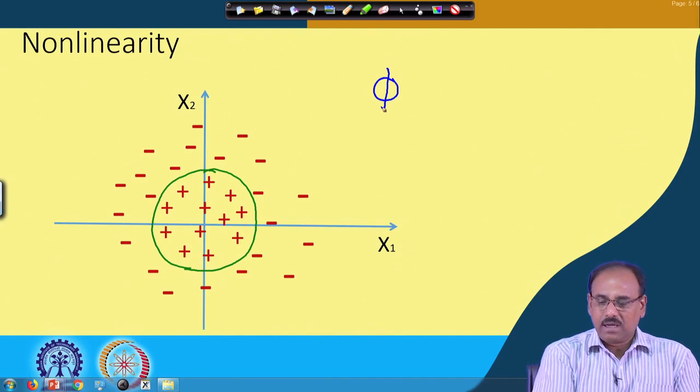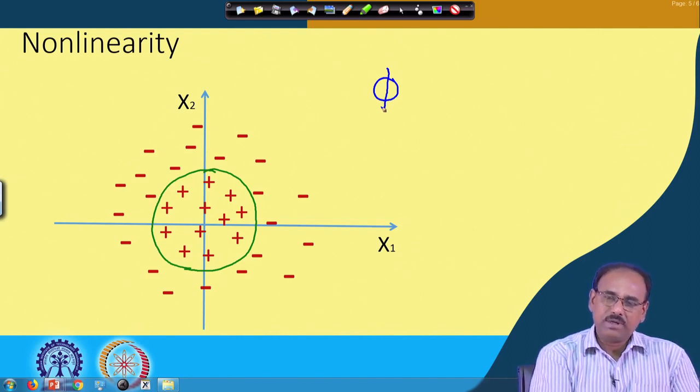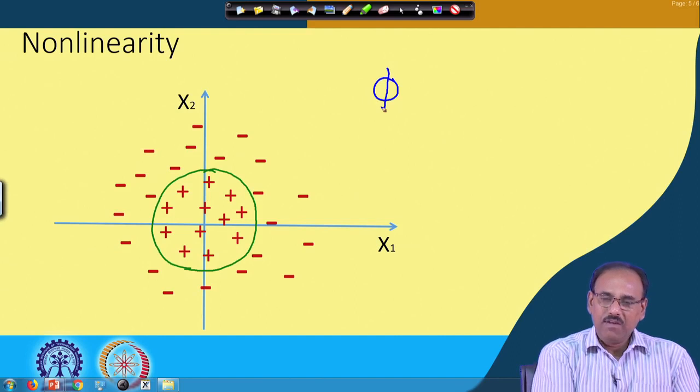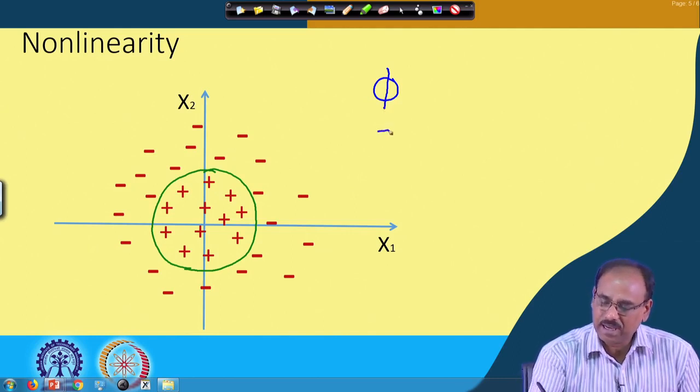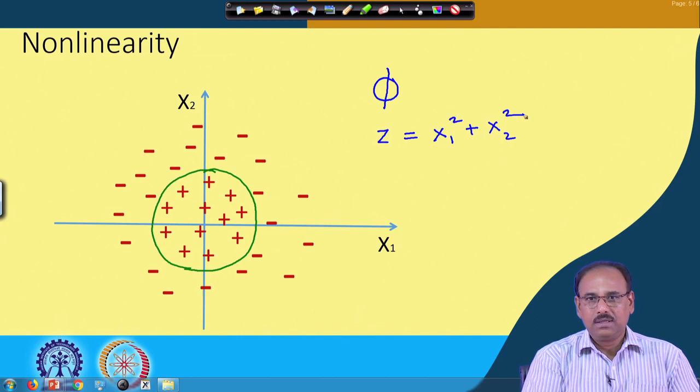How will this nonlinear function work? You find that I have feature vectors in 2-dimensional space which is given by x 1 and x 2. If I introduce a third dimension, say I want to have a value of z, where z will be equal to x 1 square plus x 2 square, right.